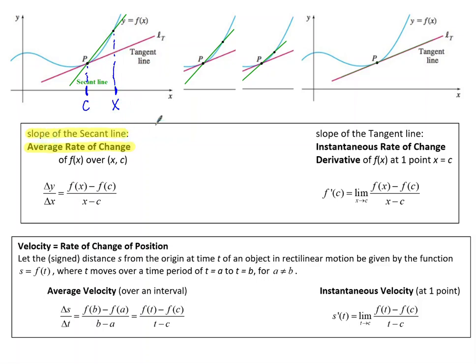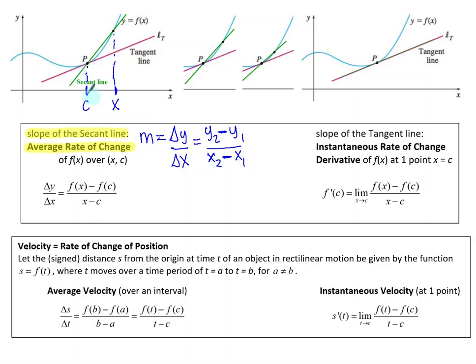And of course, the slope of any line, which often we signify with the letter m, is the change in y over the change in x, or the second y value minus the first y value over the second x value minus the first x value, y sub 2 minus y sub 1 over x sub 2 minus x sub 1.